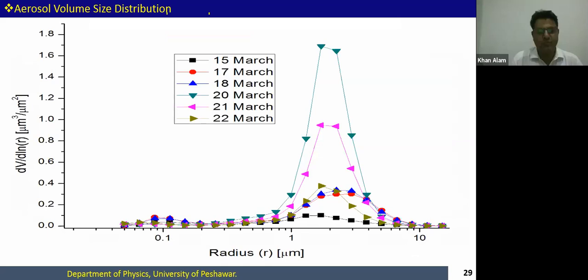We have a large contrasting variation of the fine and coarse mode particles, and this is also an indication from the ground, the AERONET retrieval, that the dust particles are dominant as compared to the fine particles during these days.